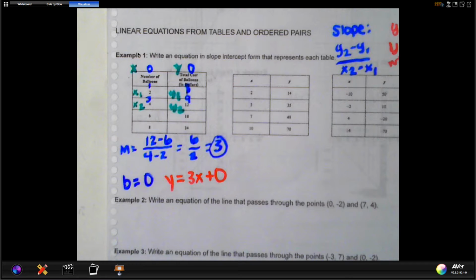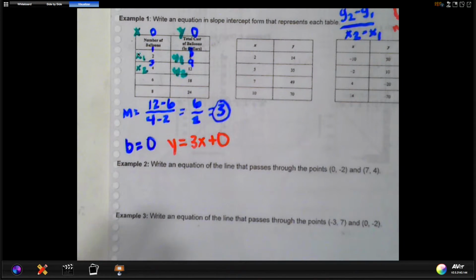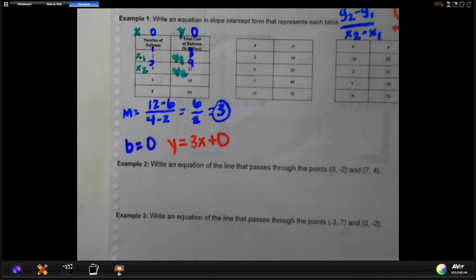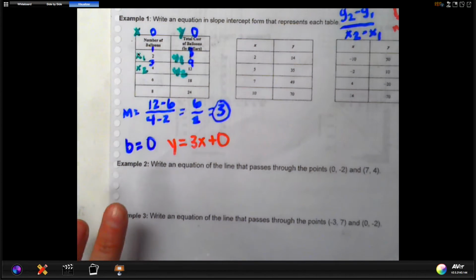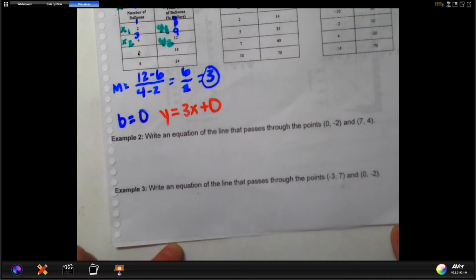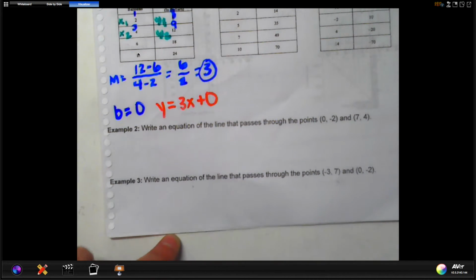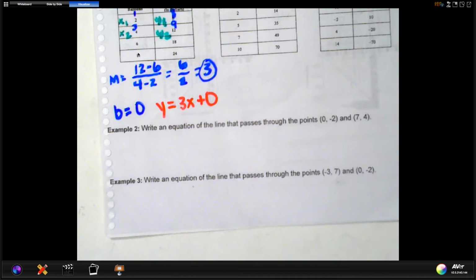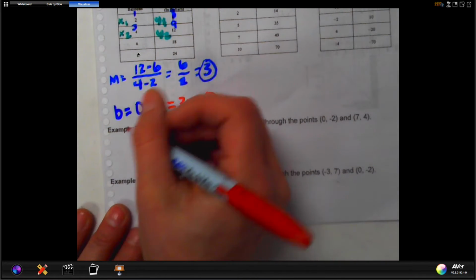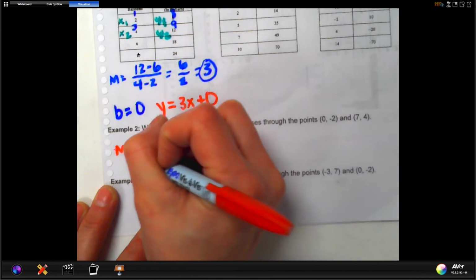Okay, the other thing we have to learn today is how we write an equation using just 2 points. We're going to look at example 2 here. The 2 points we have chosen are (0, -2) and (7, 4). Again, we're going to use the same slope formula, and we've done this before, to get our slope.